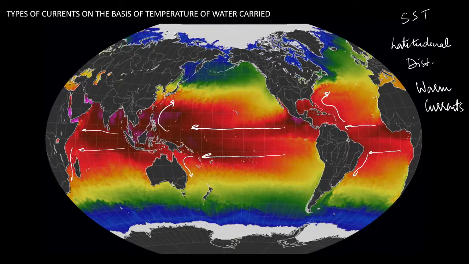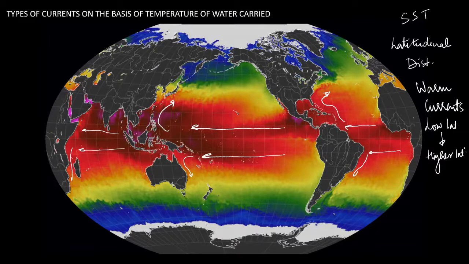Now, we can see here that under the impact of winds as well as the variation in the sea surface temperature, normally, forget about the exceptional cases, normally these warm currents go from low latitude towards higher latitudes. We'll come to why this happens.